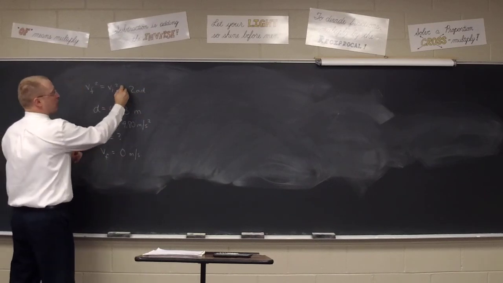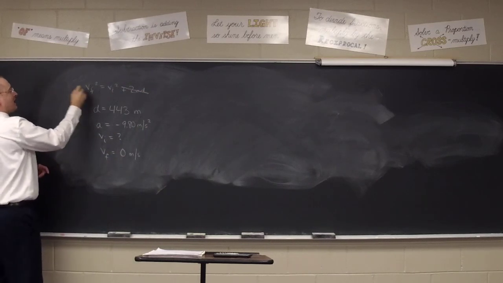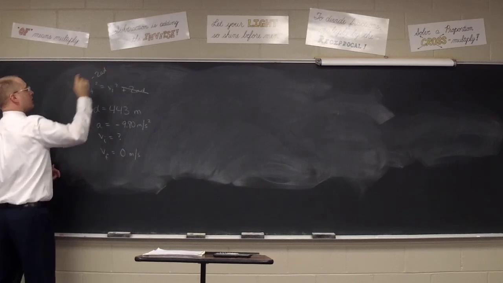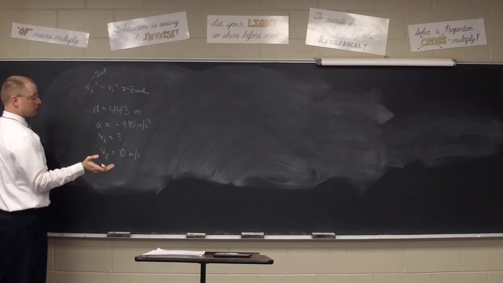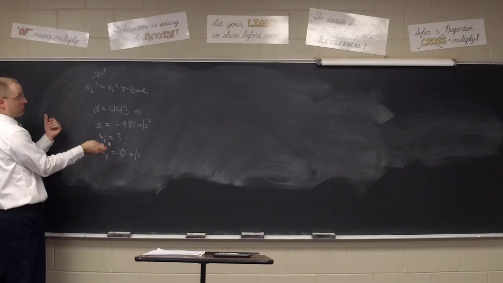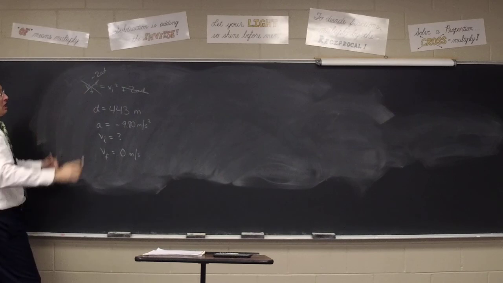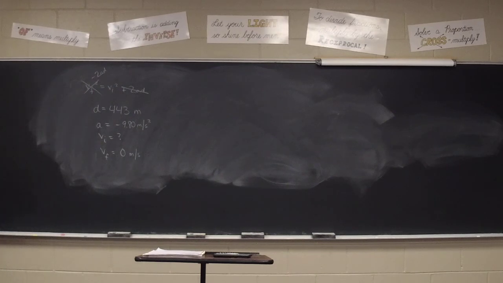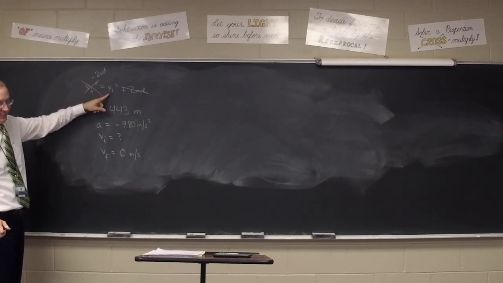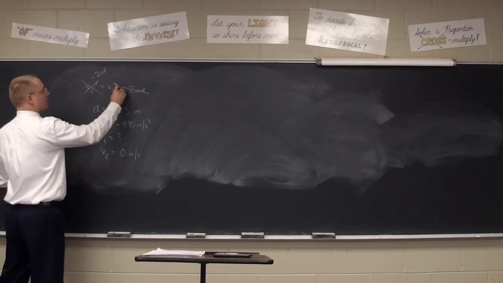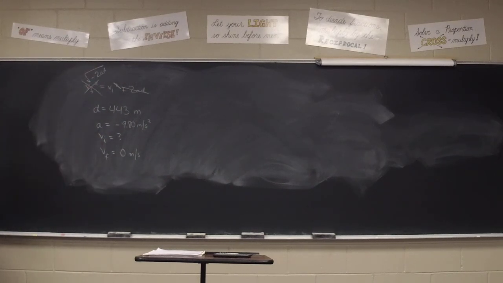Solving for V_i squared, let's just ditch the 2ad as a negative 2ad. But notice, that's not V sub i. That is V sub i squared. So what do I have to do? Take the square root of negative 2ad.